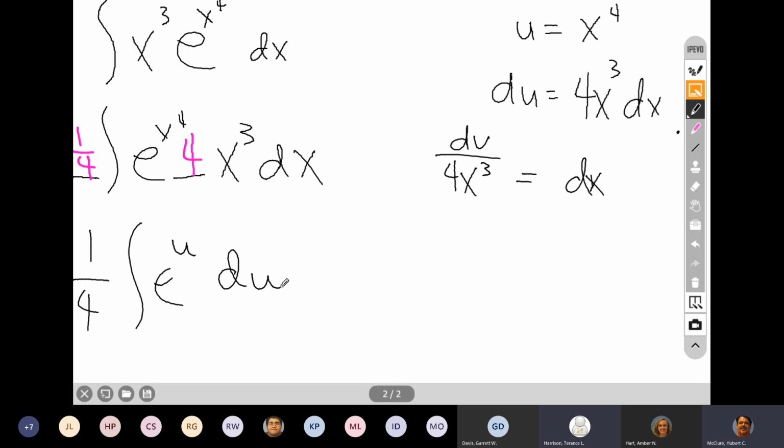Now, I'll tell y'all a little trick I learned in the war. What is the antiderivative of e to the x? E to the x. So what is the antiderivative of e to the u? E to the u.